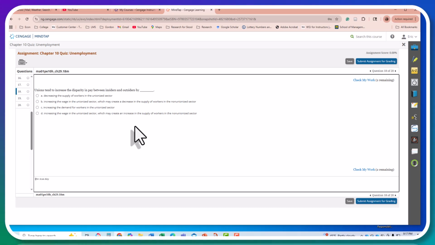Let me make sure. Outsiders can respond to their status in one of two ways. They can remain unemployed or wait for a chance to become an insider and earn a higher union wage. What I'm reading is on page 201. So you can take a quick glance at that and answer that question.